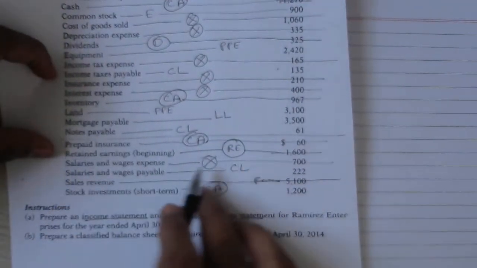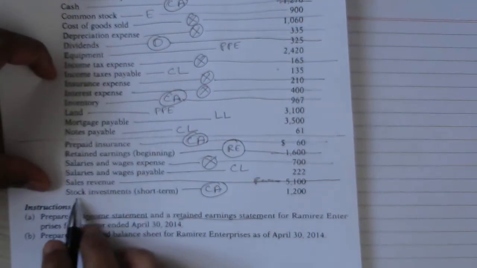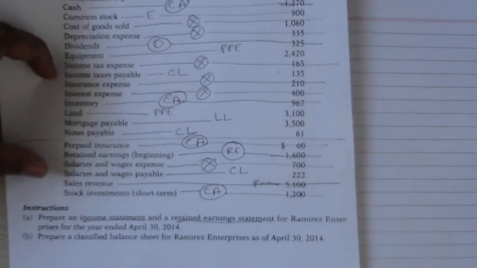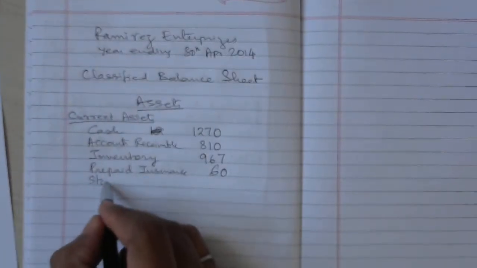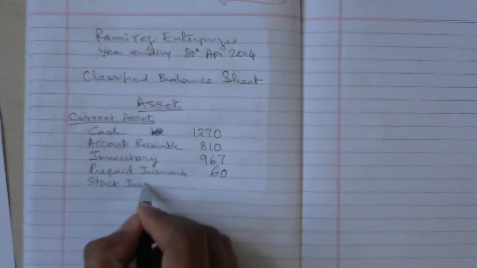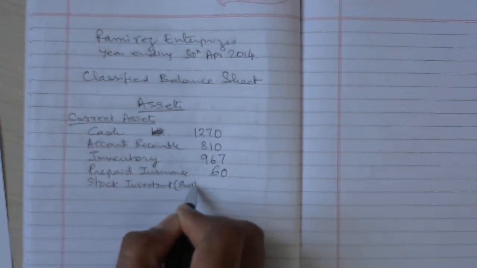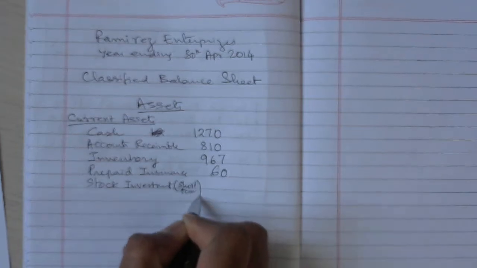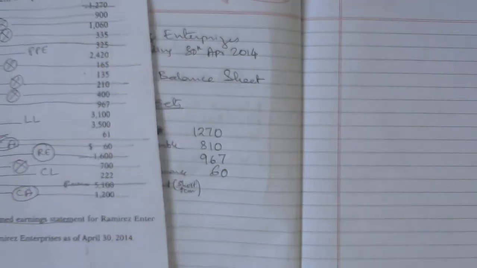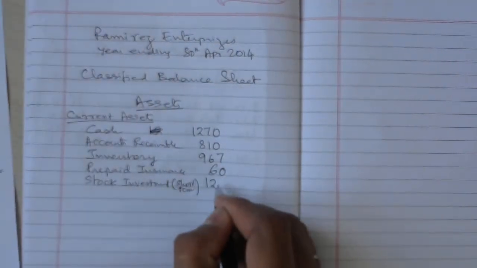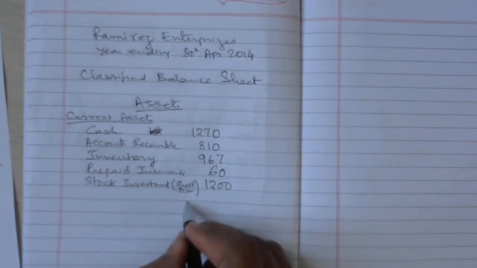Last one, stock investments short term 1200. Forgive my handwriting, but numbers I will write neatly.